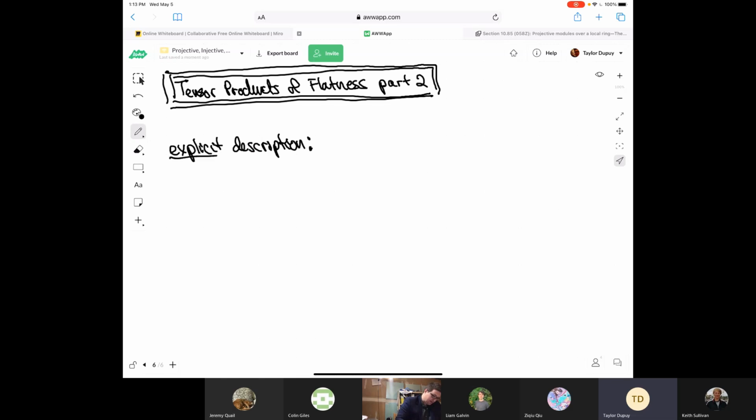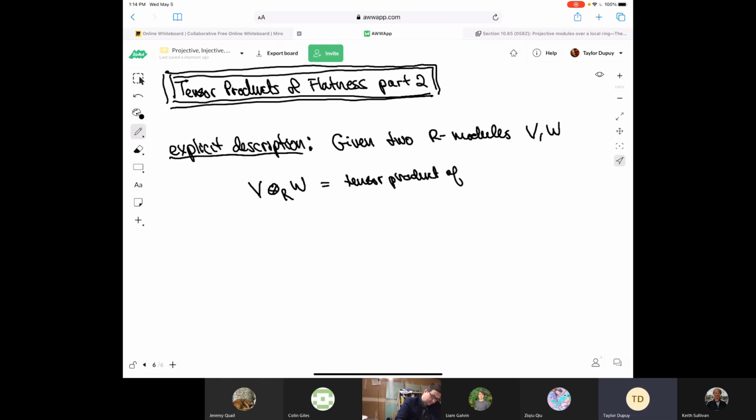So given two R modules, V and W, we have this thing. This is a little cross with a circle around it. There are two symbols: the direct sum, which is a circle with a plus in it, and this is a circle with a times in it. So this is the tensor product of V and W over R.